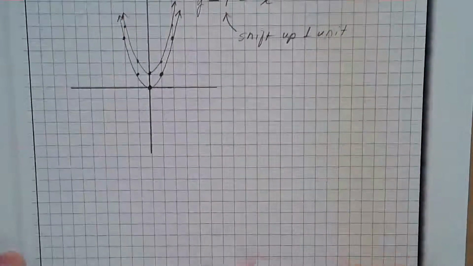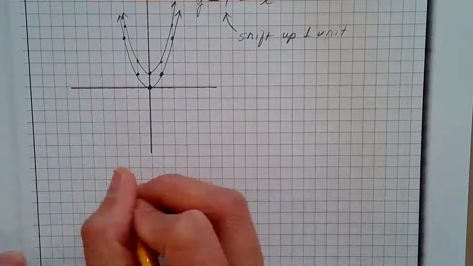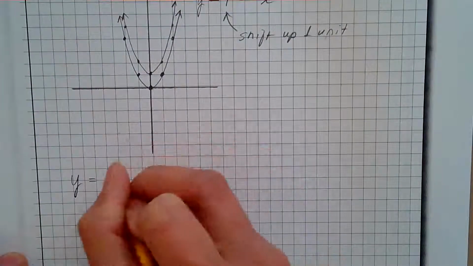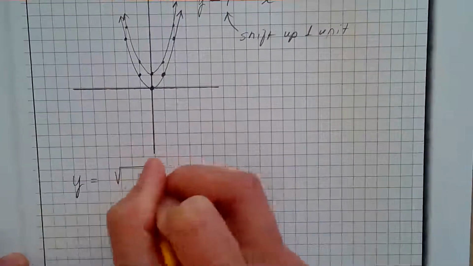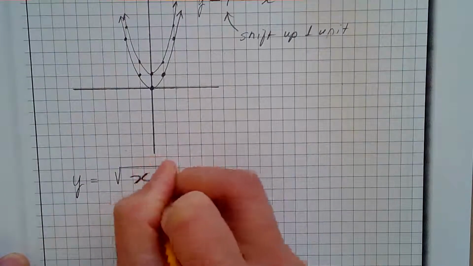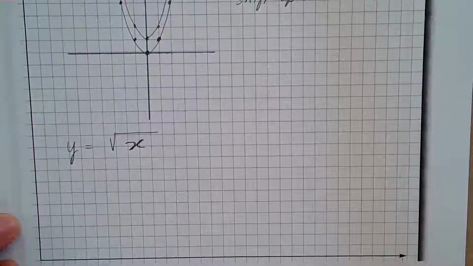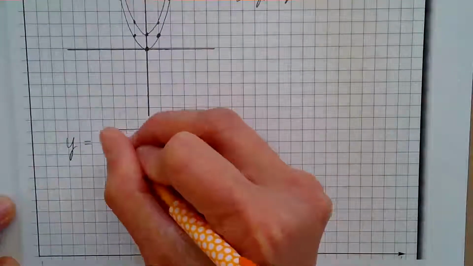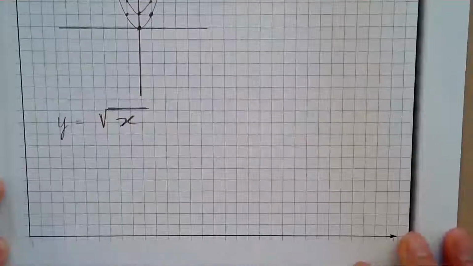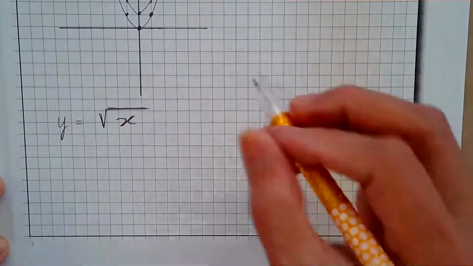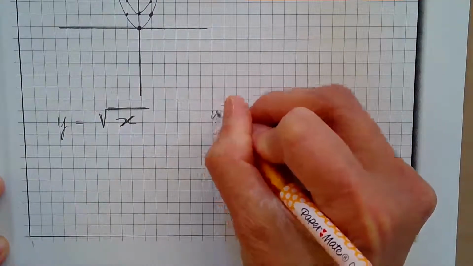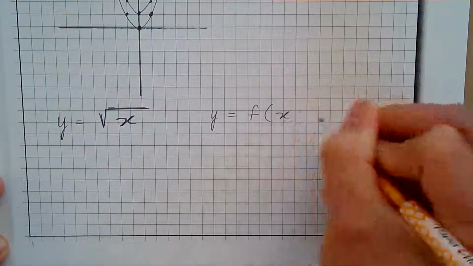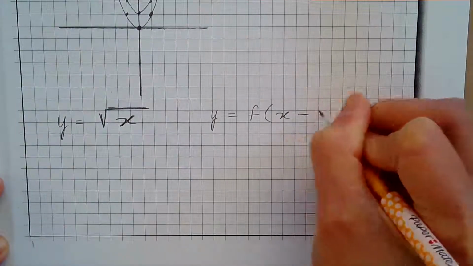Now let's take a look at this function. y equals the square root of x. Okay, this is a parent graph. We're going to graph y equals f of x minus 1.